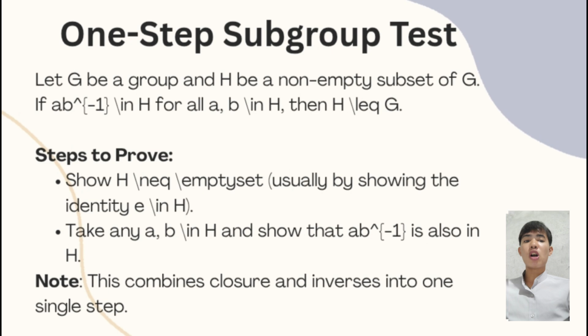The second method is the two-step subgroup test. It is more intuitive because it follows the definition of a group more closely. First, the set must be non-empty. Then we check closure and the existence of inverses. In the one-step test, closure and inverse are verified together in one condition. We check closure, meaning the product of any two elements stays in the set.